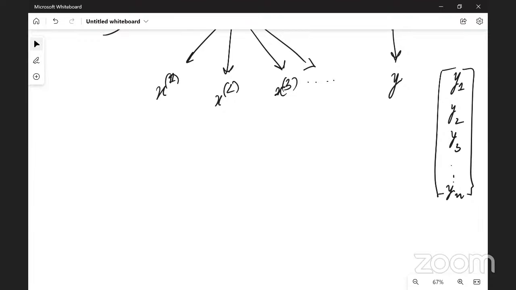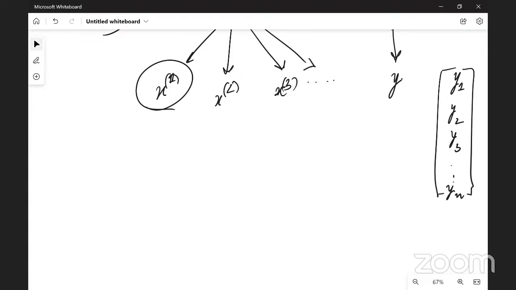Can you please repeat your question? Sir, y subscript 1 is representing the label for the first sample, and y subscript 2 is representing the second sample. So if you have written x superscript here, then we should also write y superscript. This does not represent one sample.